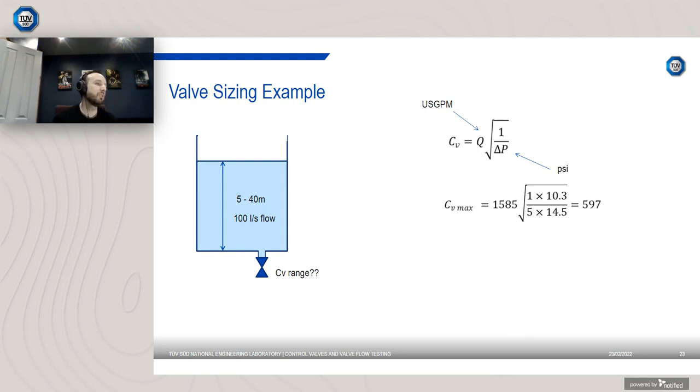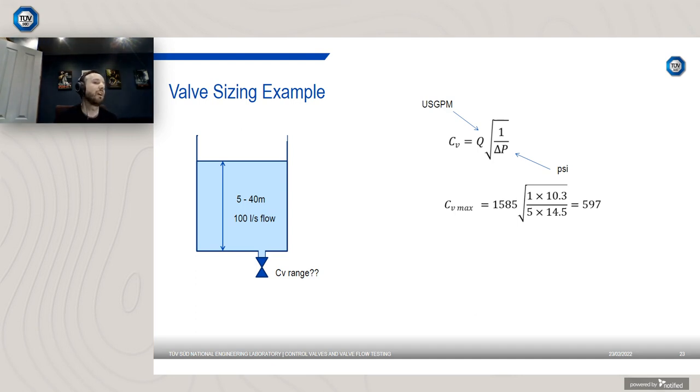The maximum CV is going to occur at the minimum height of water. For a given flow rate, a higher CV results in a lower pressure drop. So the high CV is going to occur at the lowest pressure drop, which is basically the 5 meters of water acting on this valve.